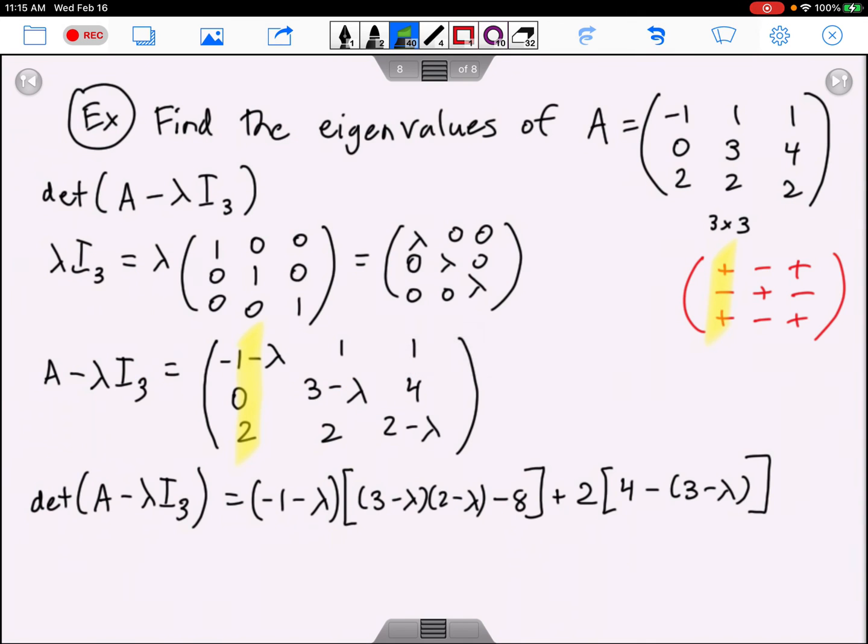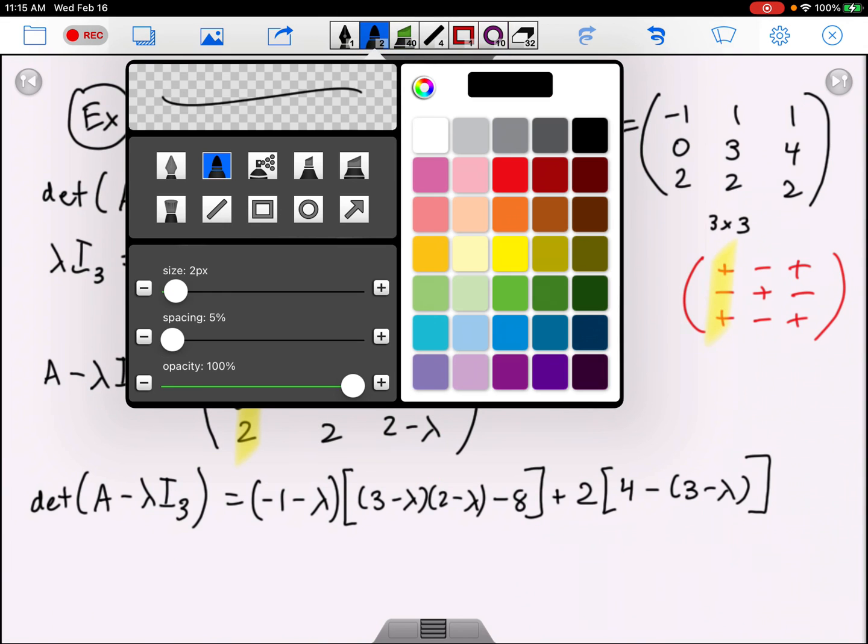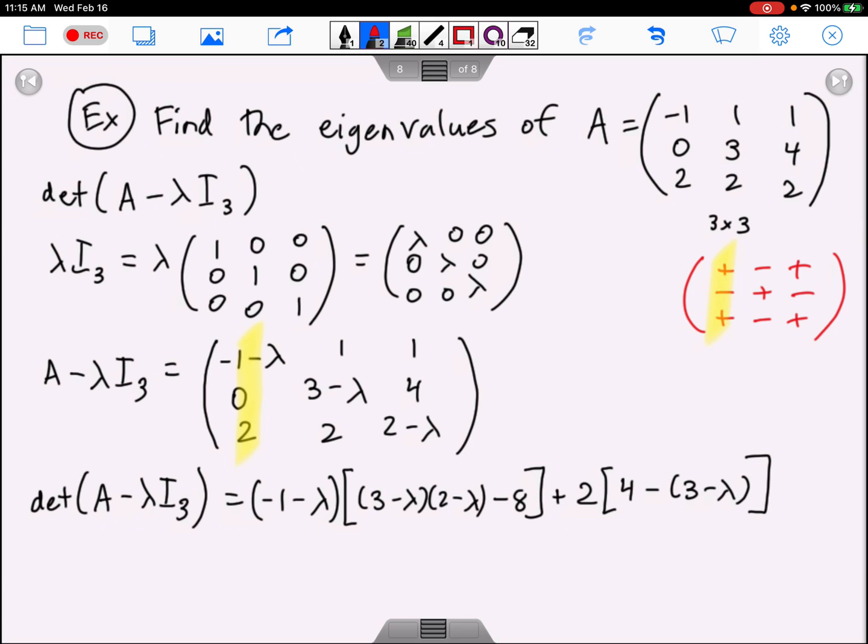So that's why we need to be careful and not multiply things out unless we see that nothing can factor. So here's what I'm going to do. I'm going to do the inside of these parentheses first, and I'm going to see if there's any common factors I can pull out, okay?